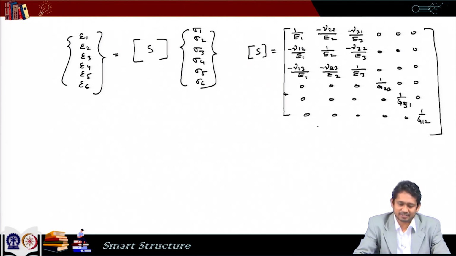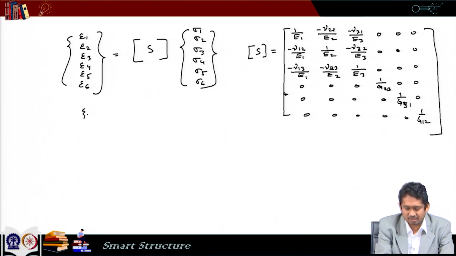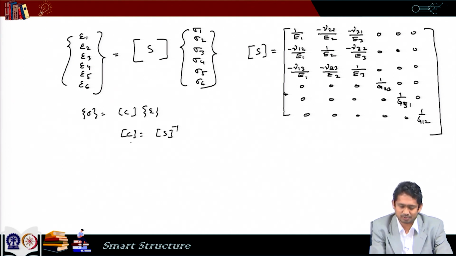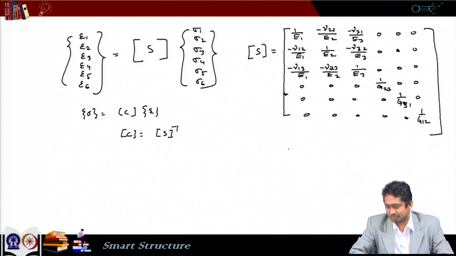So, if we compare the relation that we had before, there we had sigma is equal to C multiplied by epsilon. So, that gives me that C is just the inverted form of the S matrix. So, with that we can know C in terms of these material properties E1, E2, E3, G12, G23, G31 and nu12, nu23 and nu31.